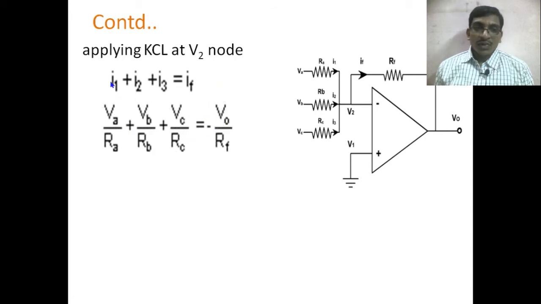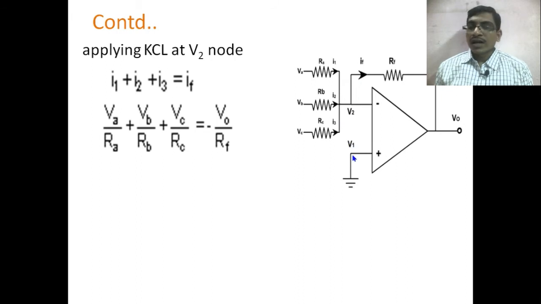So, I1 can be written as VA divided by RA, I2 can be written as VB divided by RB, I3 can be written as VC divided by RC, and IF can be written as minus V0 divided by RF. Why is it only VA by RA?